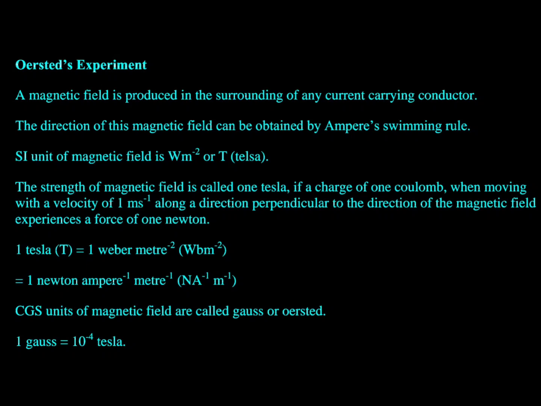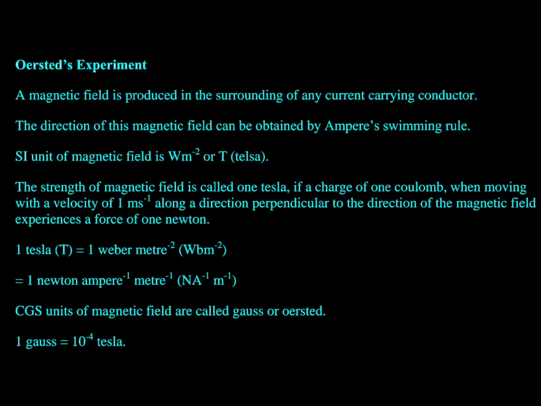Electric field and magnetic field are regarded as a single unit, and this unit is known as electromagnetism in physics. Electromagnetism is one of the branches of physics. To explain electromagnetism, there was a scientist named Oersted. He performed a very simple experiment to demonstrate the magnetic effect of electric current. He took a wire, attached it to a battery and passed current through it, and placed a magnetic needle close to the wire.